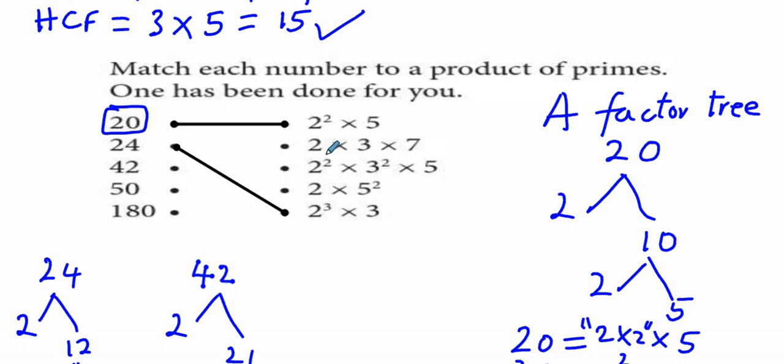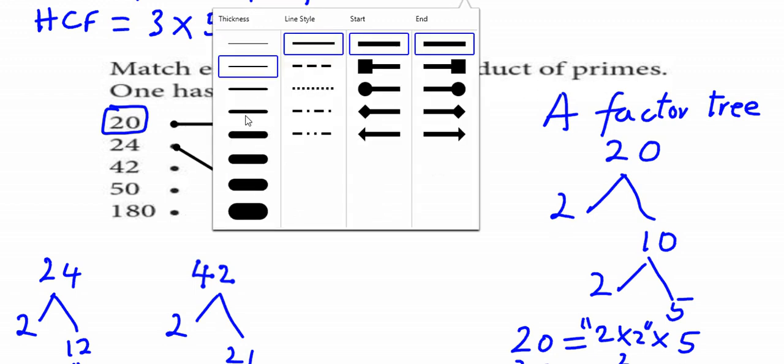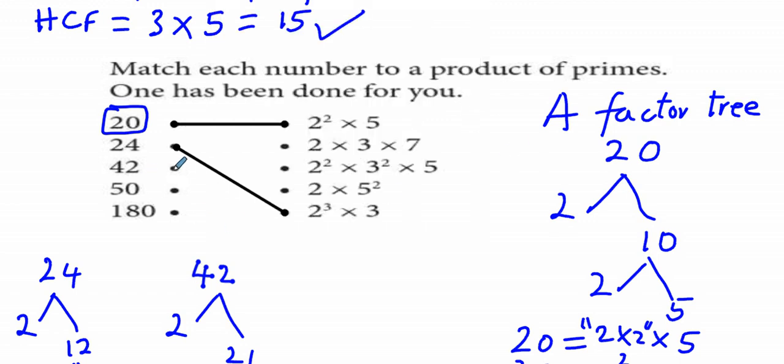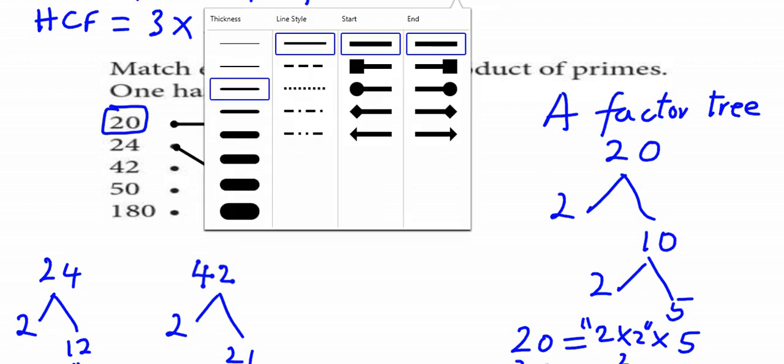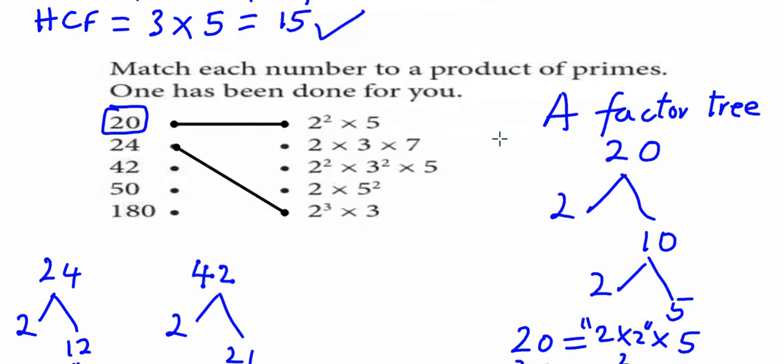Do we have that? 2 times 3 times 7. We have that solution. So pull it here. 42 is going to match with 2 times 3 times 7, which is over here. Okay, so far so good.